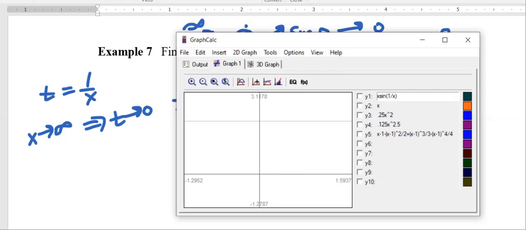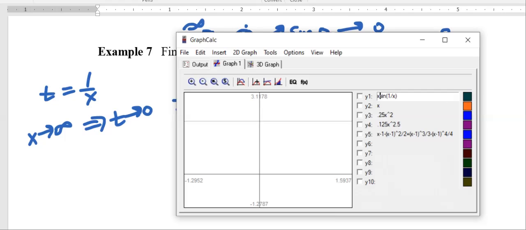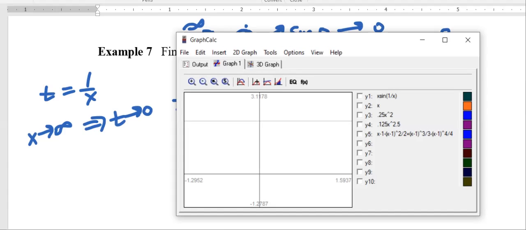Let me make that a little bigger. Okay, all right, so there is our graph.